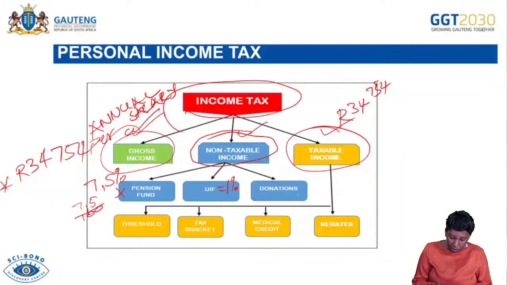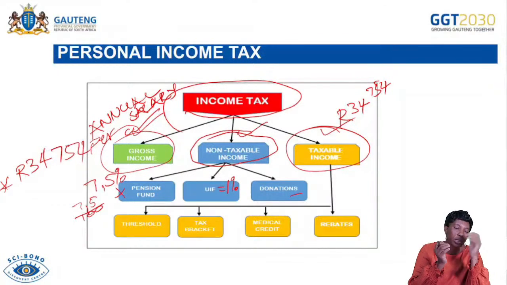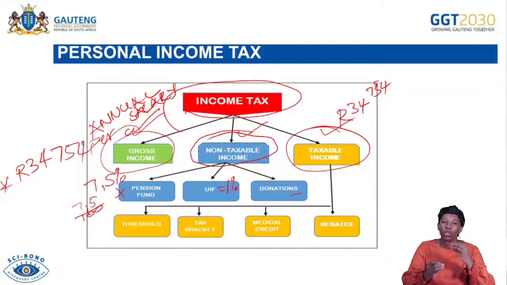And then UIF, it will be 1% of my basic salary. And then we come to the donations. Remember, boys and girls, you can't be talking about the pension, you can't be talking about the UIF, you can't be talking about donations if they are not reflected where on the salary slip. They have to be reflected for you to talk about them.